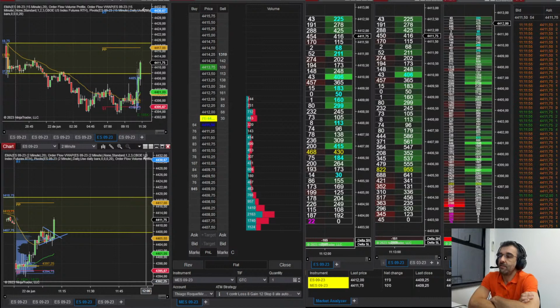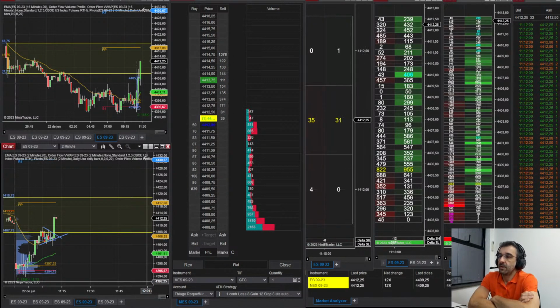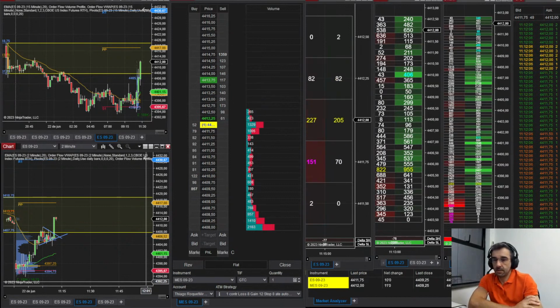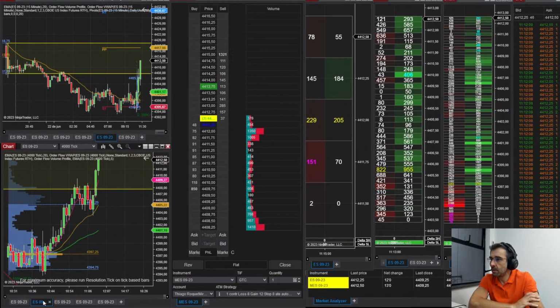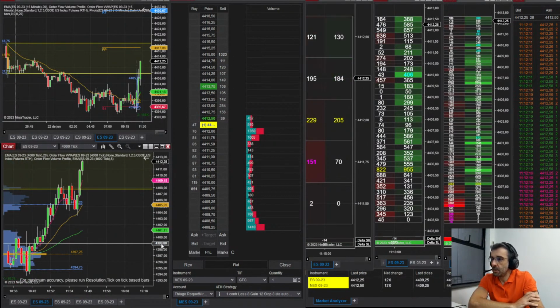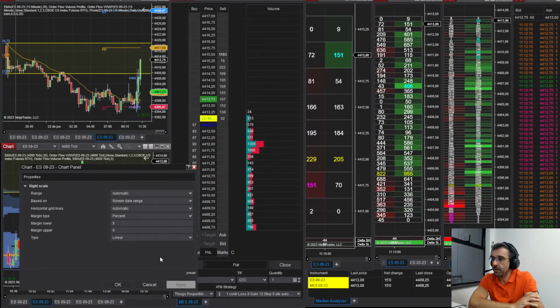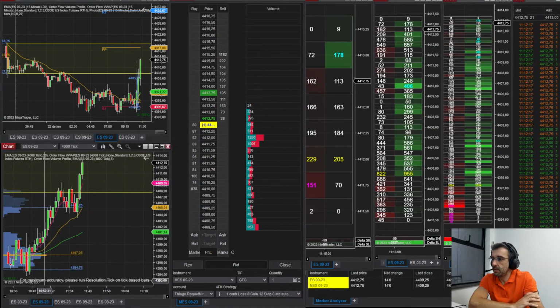I like to see this. When we see this kind of big picture, you can see it like a wave forming. We can see it configuring. It's automatic.